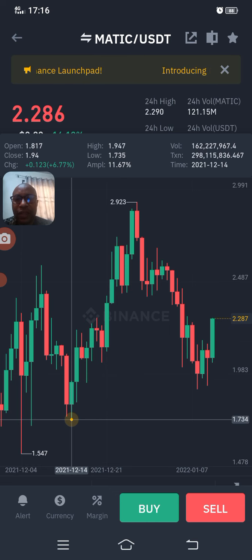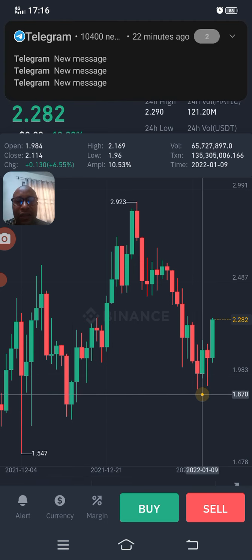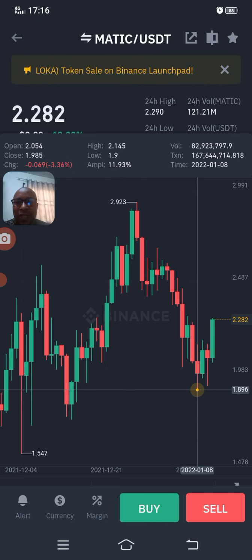It started coming down, and kept coming down, till $1.89. Remember that price moved all the way from $1.73 to $2.92.